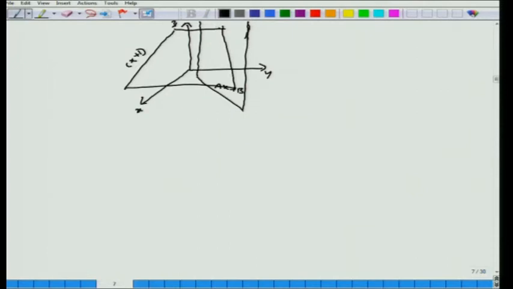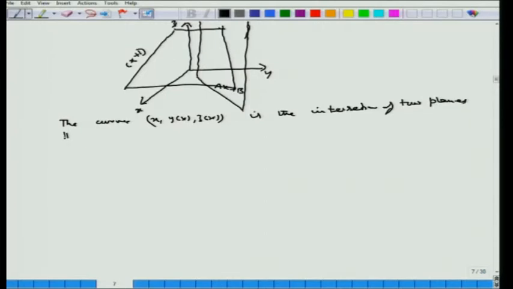So, here the intersection, the curve x, y of x, z of x, is the intersection of two planes, hence a straight line. So, in this case we get a straight line.